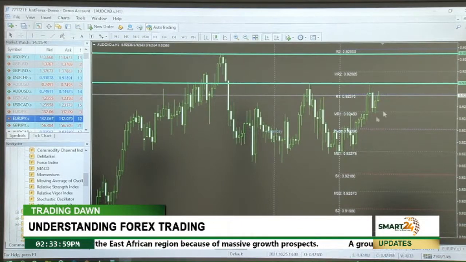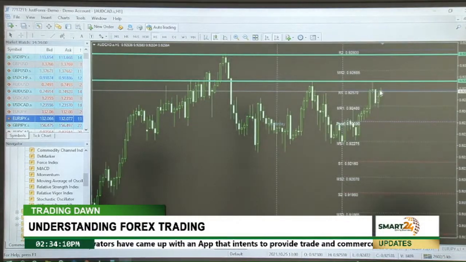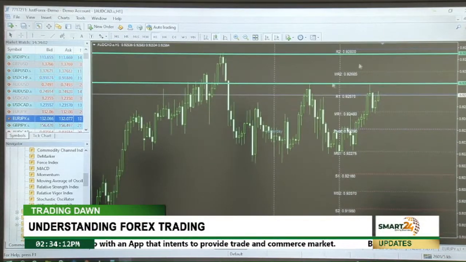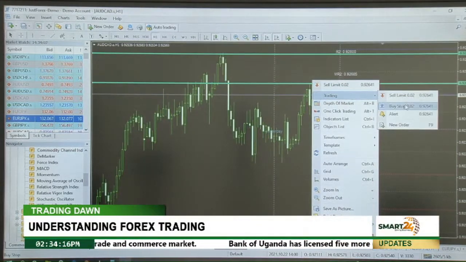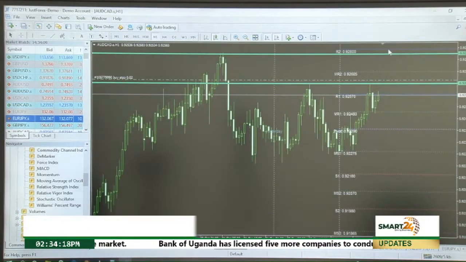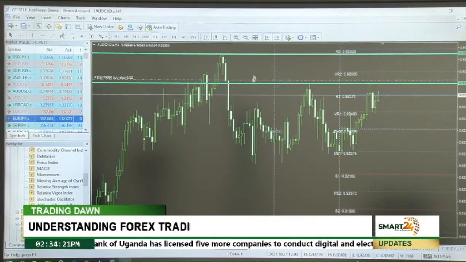So this one could be bullish if it breaks above this resistance 1. Maybe here I can start buying above this resistance. If price breaks above this one and continues up, I'm going to get some good trades up there. So I will buy from this one up to this top.